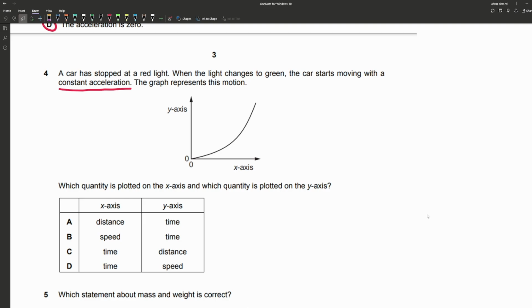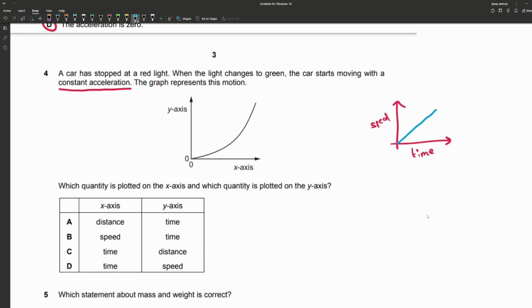Okay, so to solve this, we need to understand what constant acceleration means in terms of graphs. If we look back at our videos of motion, we will remember that for speed time graphs, this is a speed time graph. If the acceleration is constant, the graph is always a straight line.